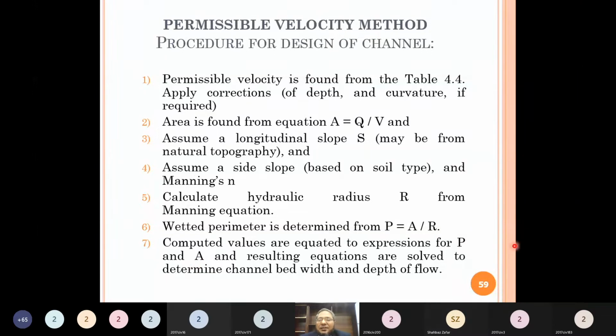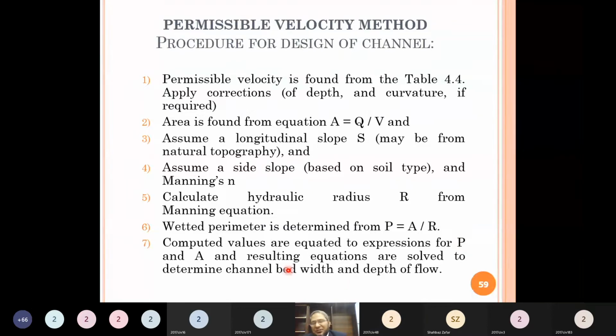And what is the equation for the wetted perimeter of a trapezoidal channel? That is B, which is the bottom width, plus twice the sloping length. How much is the sloping length? Under root of Z D square plus D square. Yes.